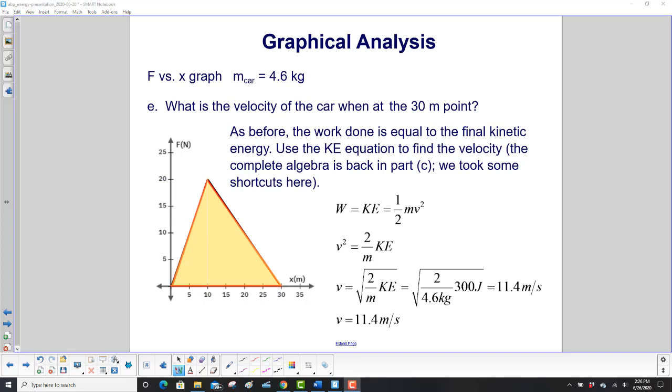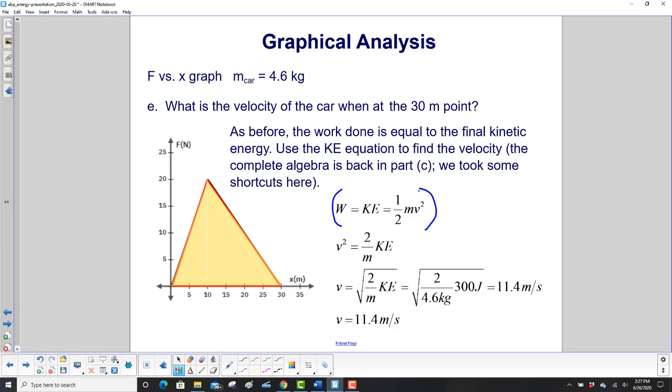What is the velocity of the car at the 30-meter point? As before, the work done is equal to the final kinetic energy. Once again, use the kinetic energy equation to find the velocity. We showed the complete algebra back in part C. We took some shortcuts here just to save some room. So our work is equal to KE, which is equal to 1/2 mv squared. Let's see if we can just do this in our head.